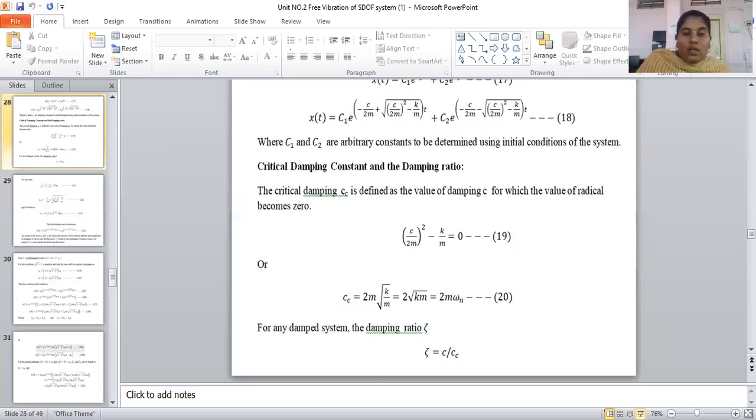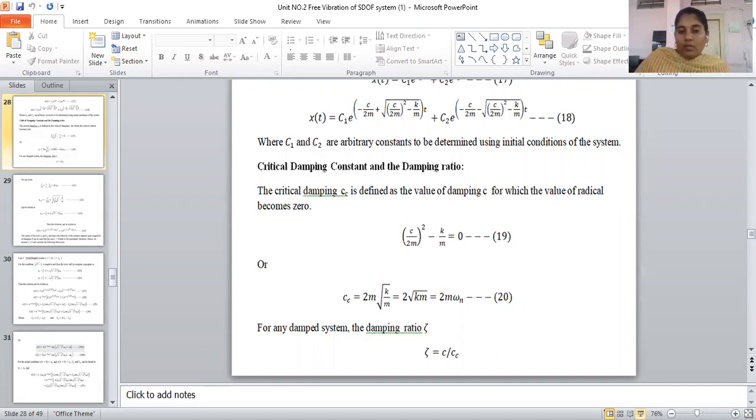So x of t will be, we can take the common term from these two parts, from x1 t and x2 t. So we get the common term e raised to minus zeta omega n t. The remaining is C1 into e raised to plus i alpha t plus C2 into e raised to minus i alpha t.